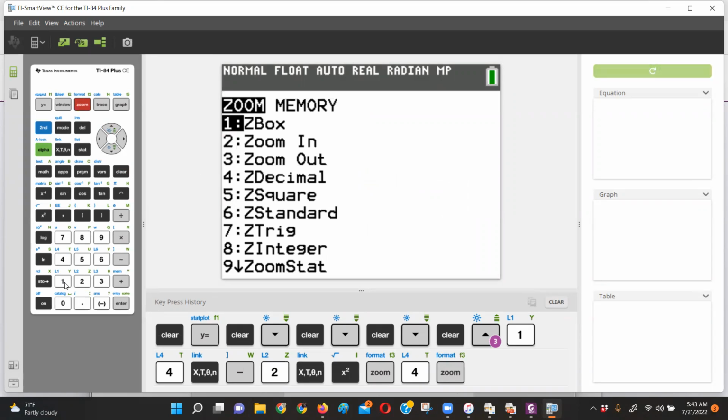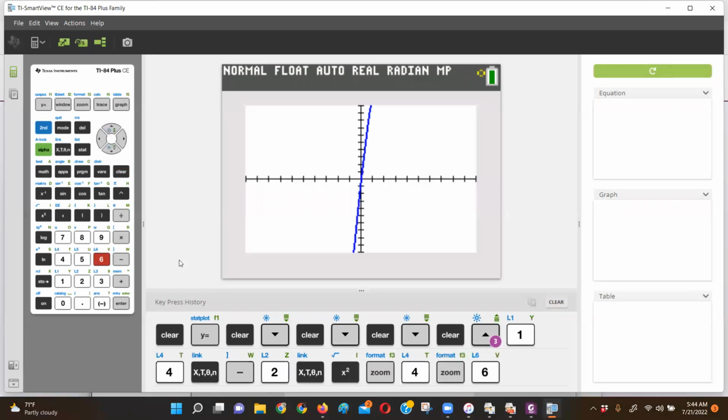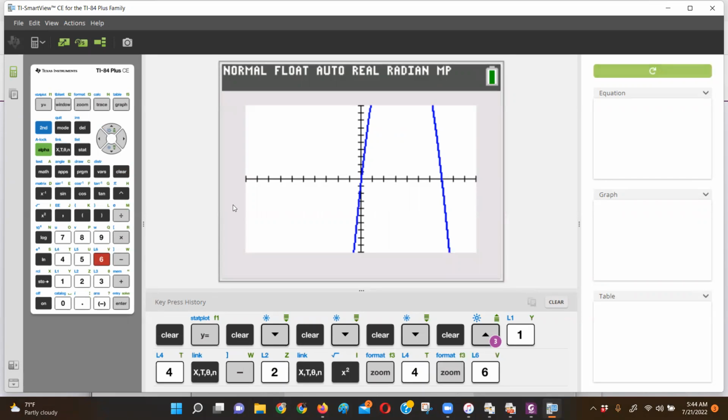I don't remember how to do this. Zoom. I don't want zoom decimal. I don't want zoom square. What's zoom standard? Oh, zoom 6, right? Negative 10 to positive 10. See how it's not quite going high enough?